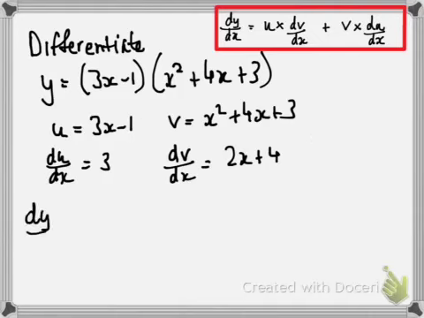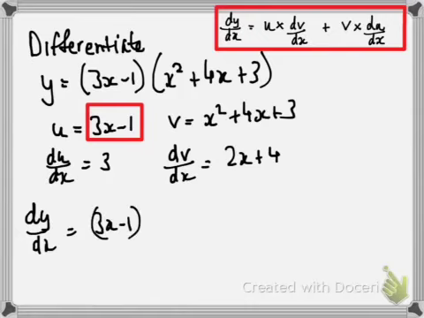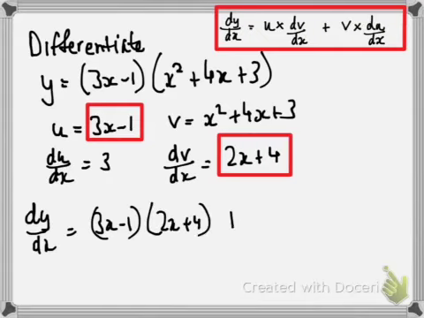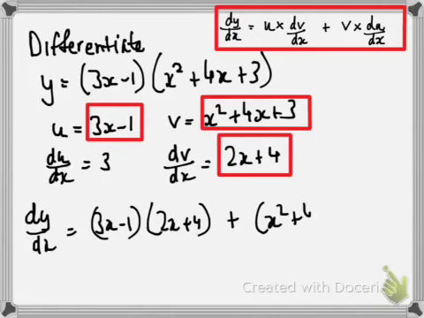So it's dy dx equals u, which is 3x minus 1, multiplied by dv dx, which is 2x plus 4, plus v, which is x squared plus 4x plus 3, multiplied by du dx, which is 3.